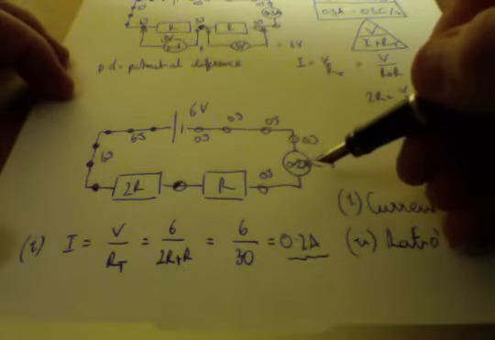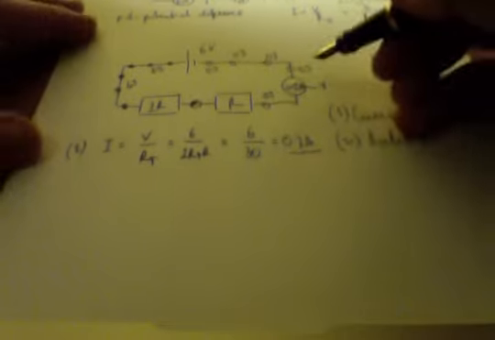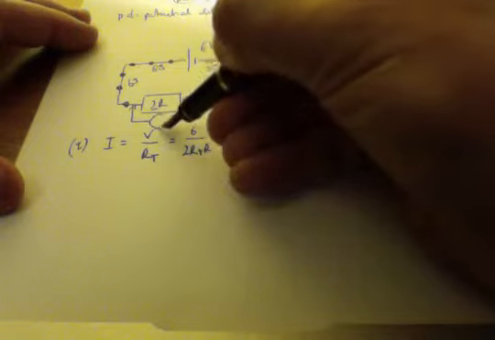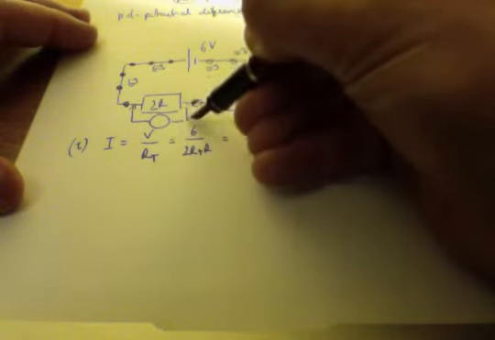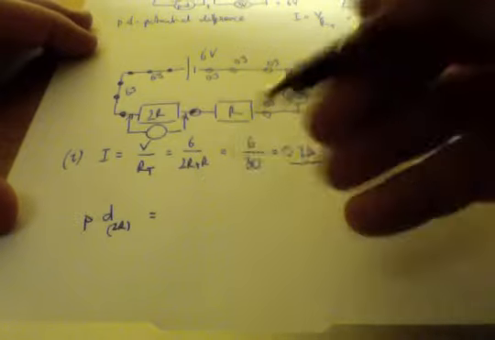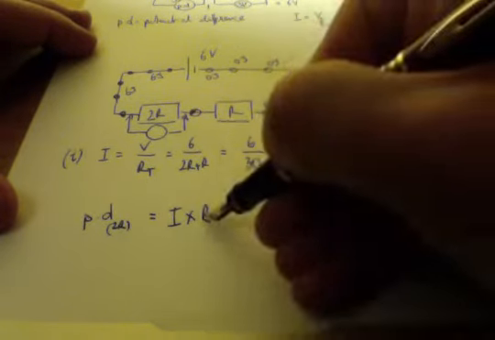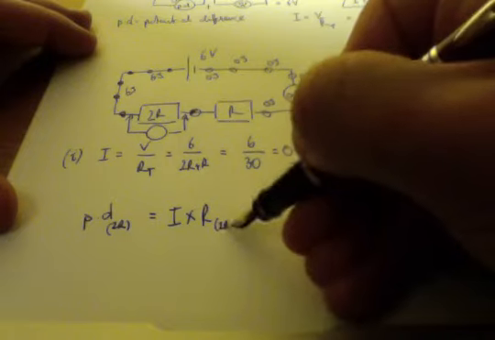A good starting point. Now we can say that the potential difference around one of them, let's call this one the 2R, is equal to the current times the resistance of the 2R.